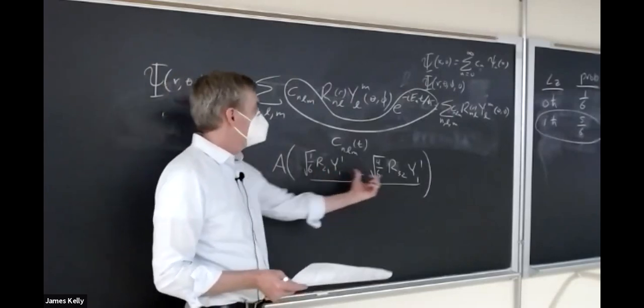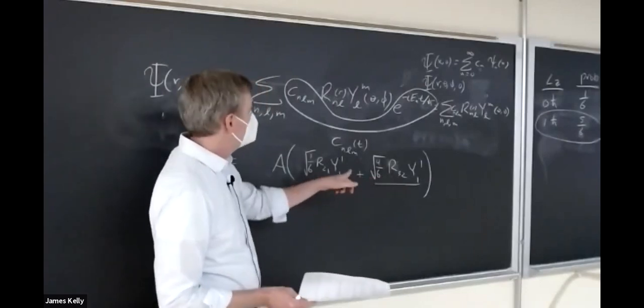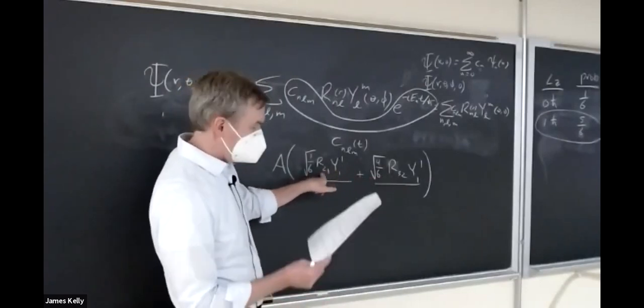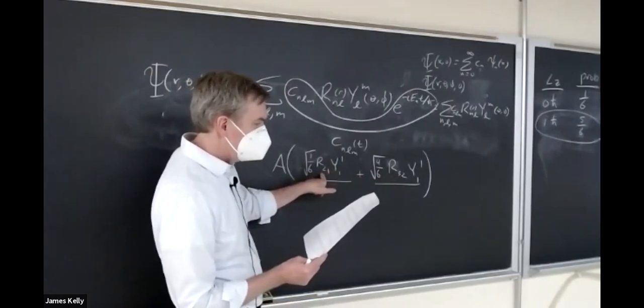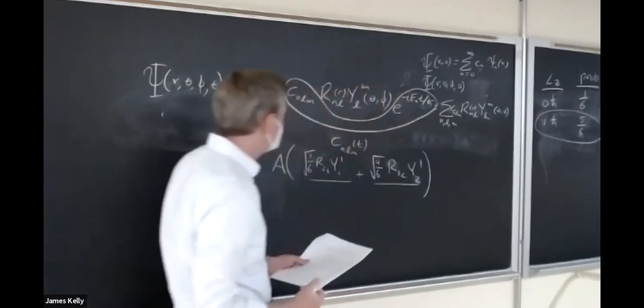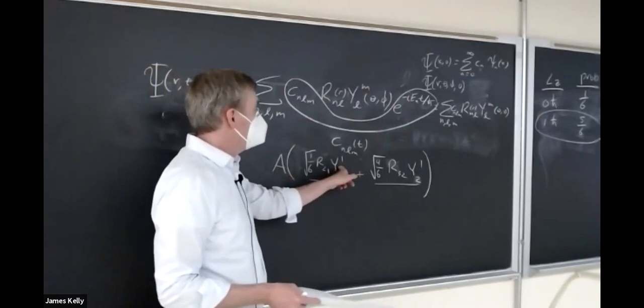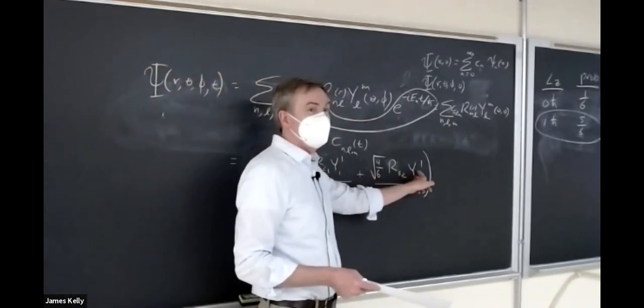And use the fact that lots of these functions are orthogonal to each other, right? Are these both Y11? Yeah, both Y11. No, this one's Y21. I miswrote that one down. Just didn't look familiar. So, of course, Y11 is orthogonal to Y21.